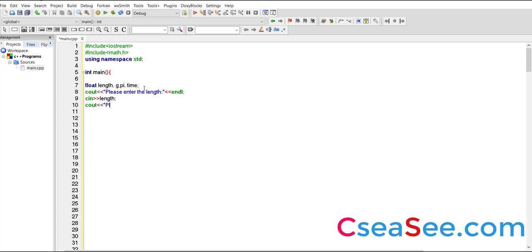The length is received, and cout, please enter g. In fact, I could have taken it as a constant. Okay, so let it be like that. And then cin, this is also obtained. So g in this case.